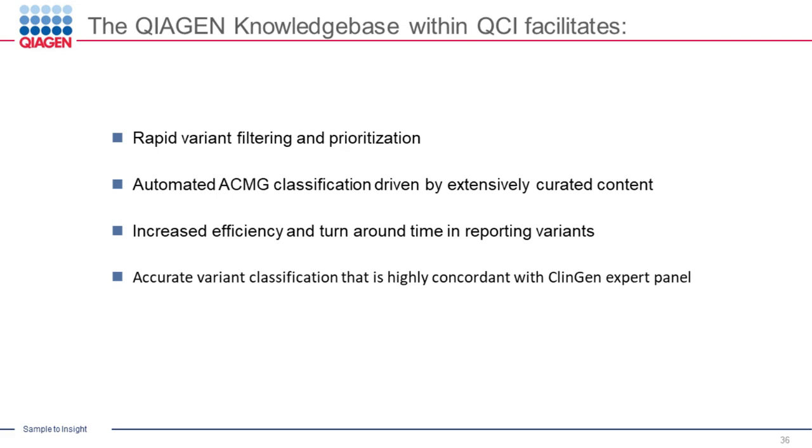We showed in 2 different benchmarking studies that this curated content increases efficiency and turnaround time in reporting variants, as shown by the council study. And finally, yes, we can automatically compute ACMG classifications, but we also do so in an extremely accurate manner that we've shown is highly concordant with the BRCA1 and 2 variant assessments of the ClinGen expert panel group, or ClinVar. So with that, thank you for your time, and I'm happy to take any questions that you may have.